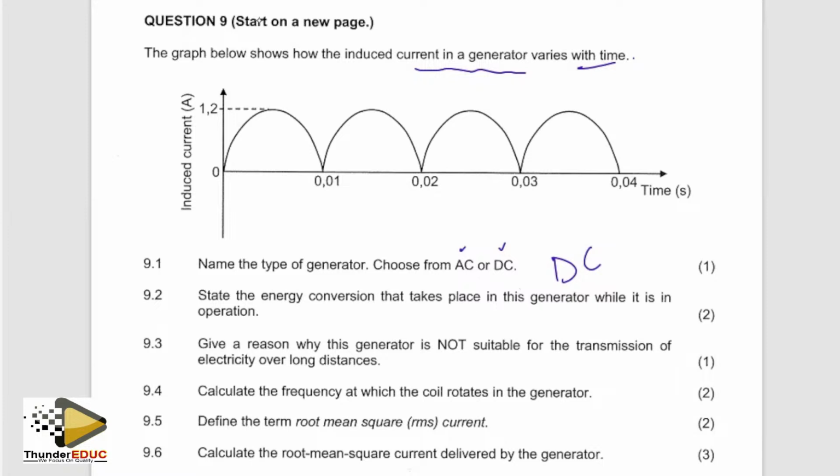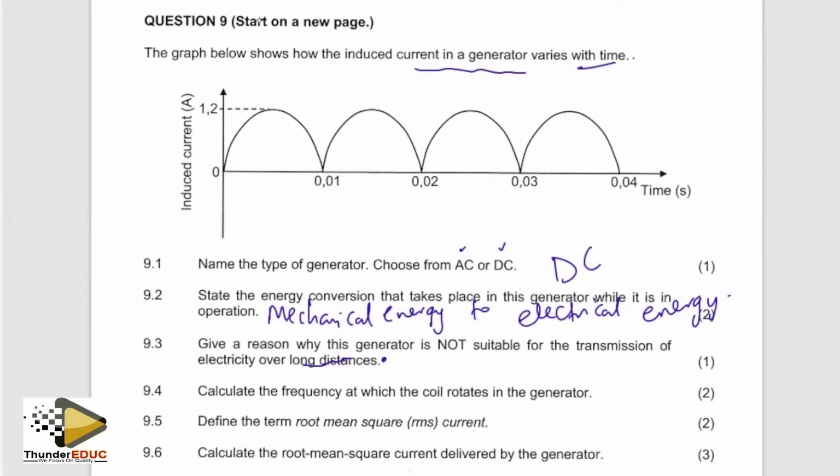So regardless of whether it's a DC or an AC, a generator will always convert mechanical energy to electrical energy. So it's mechanical to electrical. And then can we give a reason why this generator is not suitable for transmission of electricity over long distances? What we know about these generators is that there's going to be higher losses.